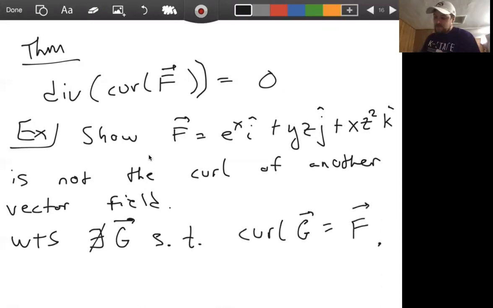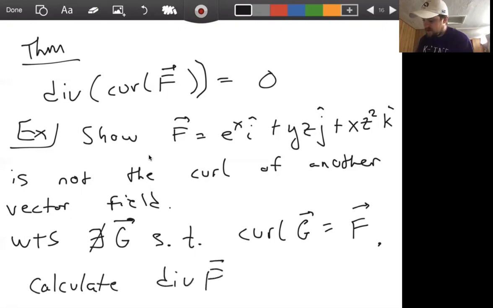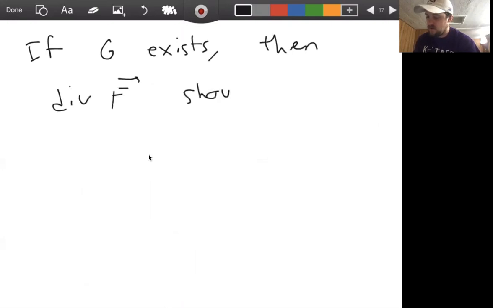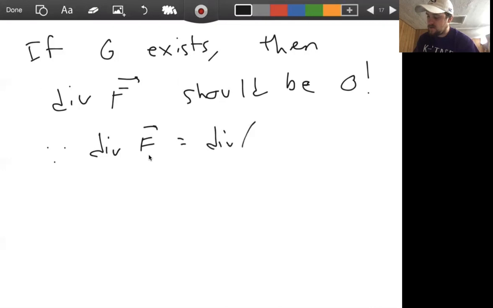And how do we do this? Well, what we do is we look at the divergence of F. We need to calculate the divergence of F. Because if this G exists, then the divergence of F should be 0, since the divergence of F would be the divergence of the curl of G, and we know the divergence of the curl should always be 0.